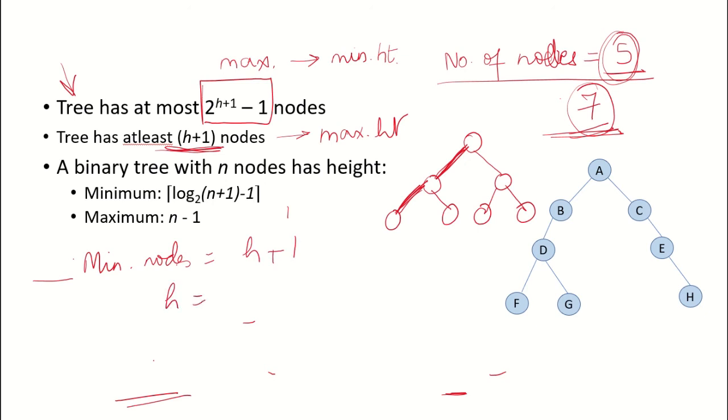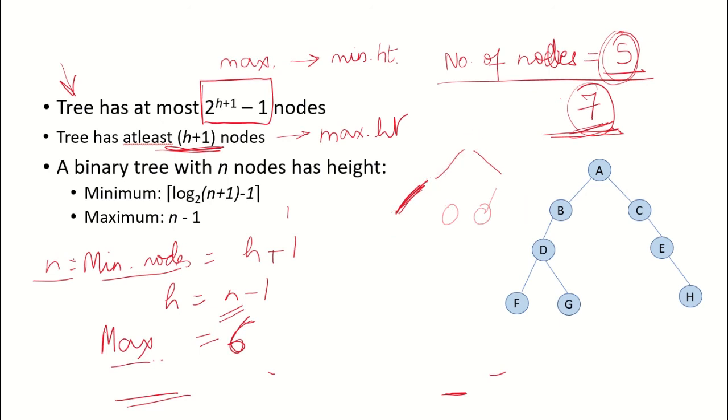So h would be n minus 1. So if the number of nodes is 7, what would be the height? Height would be 6. So the minimum number of nodes is going to give us the maximum height.